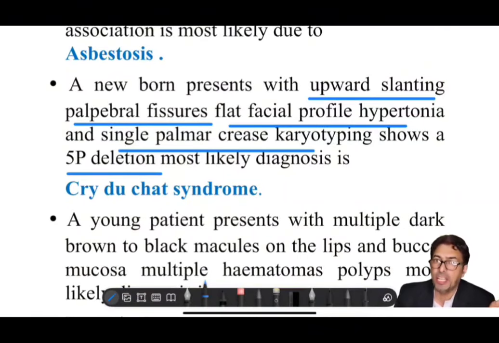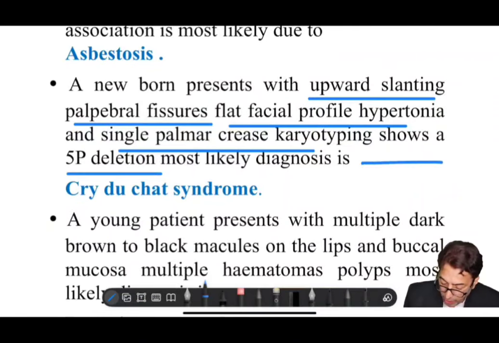But here, sometimes the last line of the question is very important, and 5p deletion is a feature of Cri-du-chat syndrome. You have to remember, the catch point over here is the last line, the 5p deletion. Otherwise, there can be an overlap in those syndromes, but the examiner has been wise enough to give you a hint and a clue at the end.